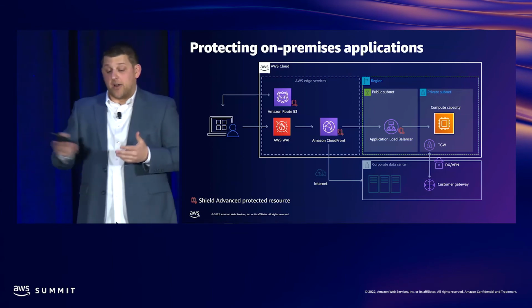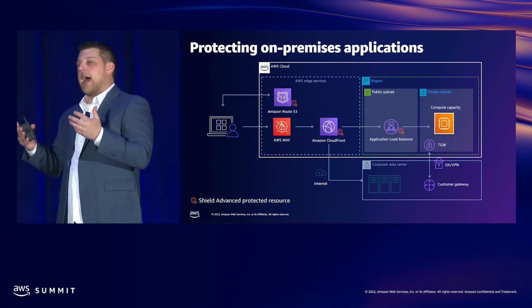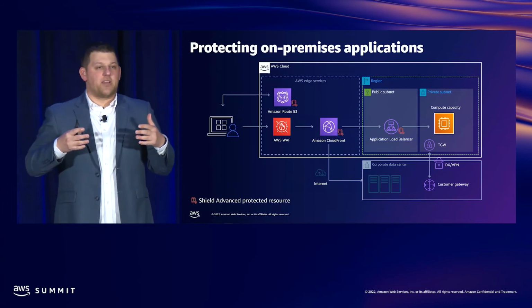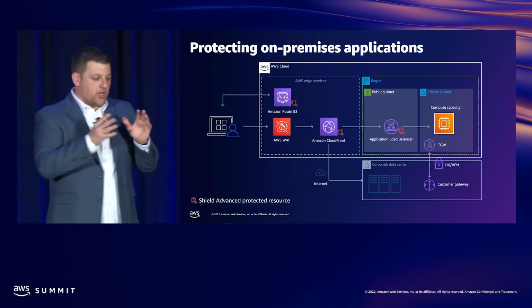Now, there are other scenarios where, if you're already moving applications or workloads to our cloud, and you want to start with whether it's Shield Advanced or WAF, you can.